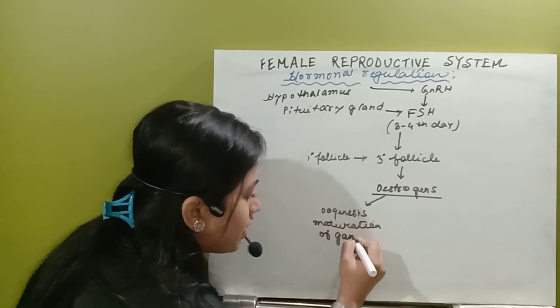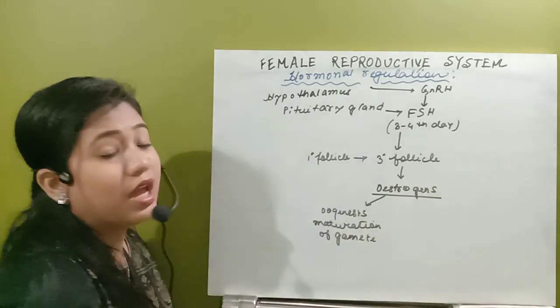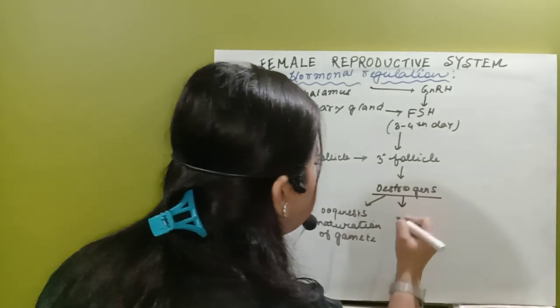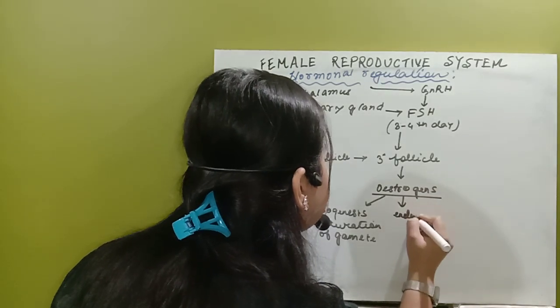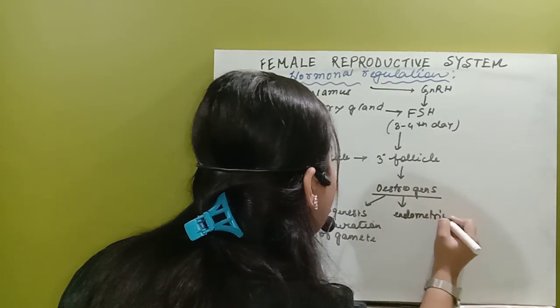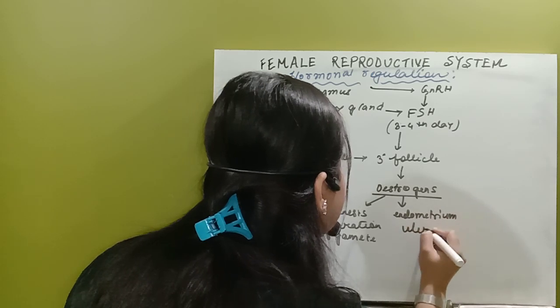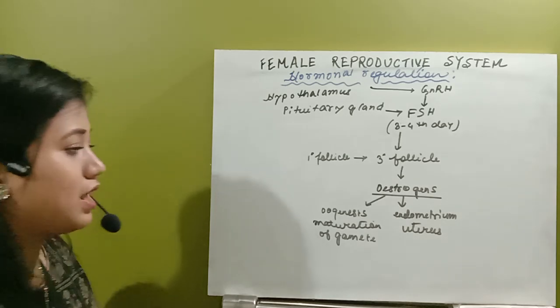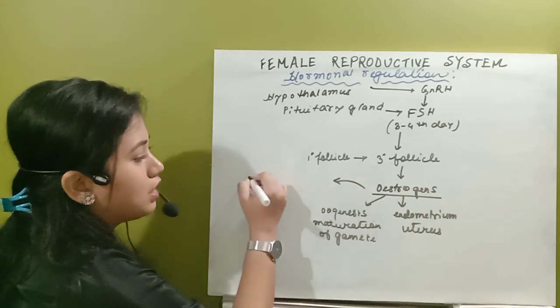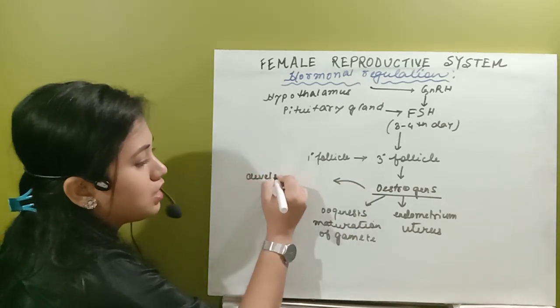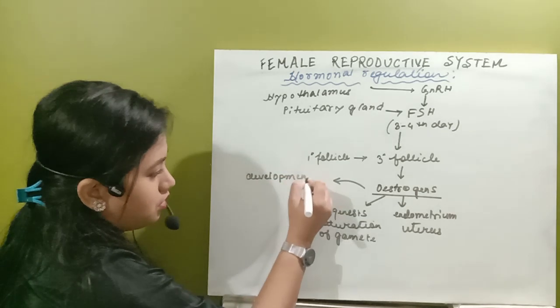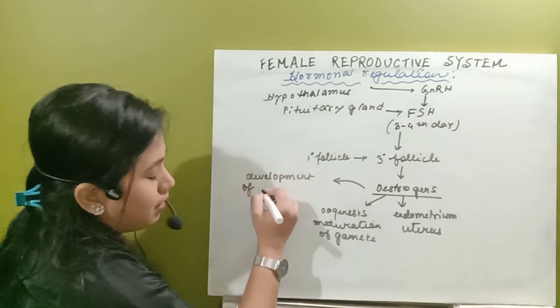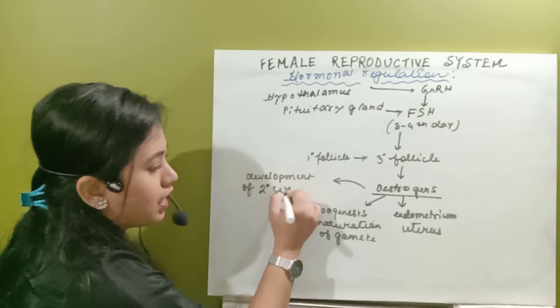And second, it will help the endometrium to form inside the uterus, and it also helps in the development of the secondary sexual characters.